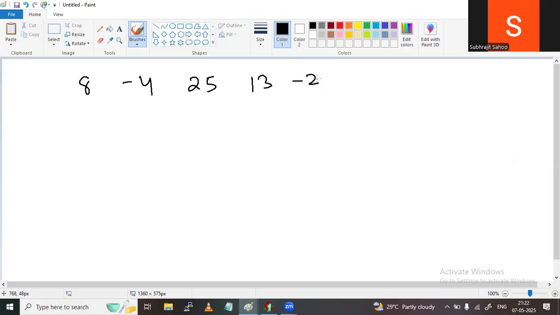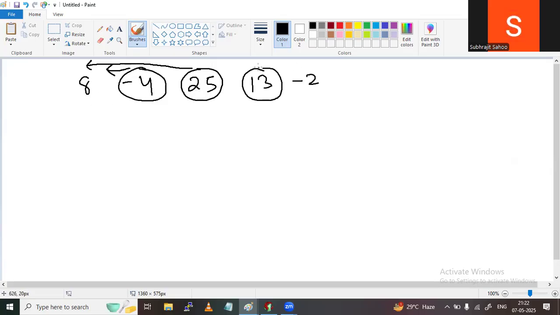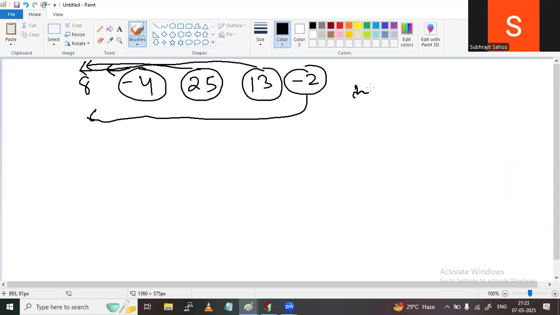I will take one element and compare it with all its left side elements. That means in case of 25, I will compare with minus 4 and 8. If I take 13, then I will compare with all the elements available on the left side. If I take minus 2, then I will compare with all the elements available on the left side, right? This is the technique for insertion sort.